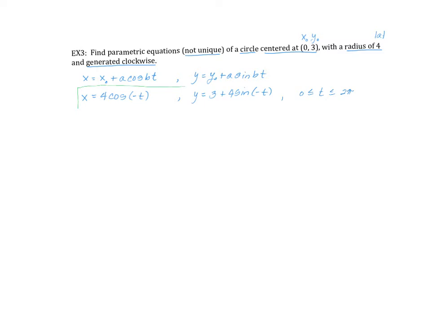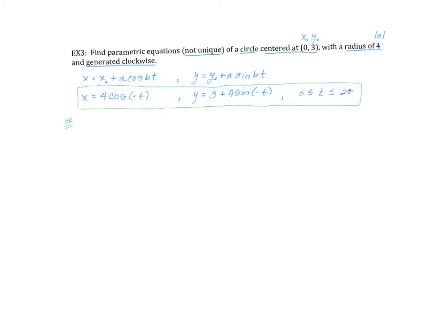Remember, this is not unique. Also recall that cosine is an even function and sine is an odd function. So we can simplify this further by just getting rid of the negative in the argument for cosine and moving the negative out in front of the 4 with the argument on sine. But I'm just going to leave it this way, and make a note that this is not unique.